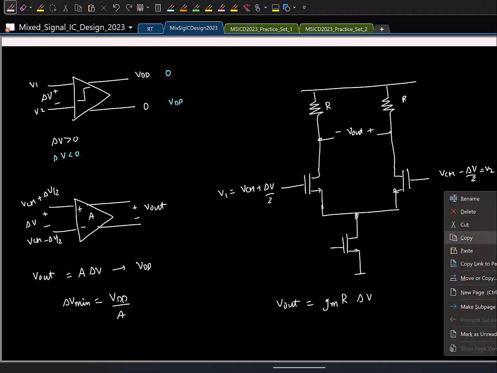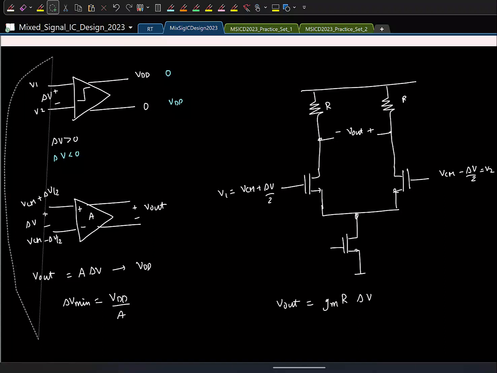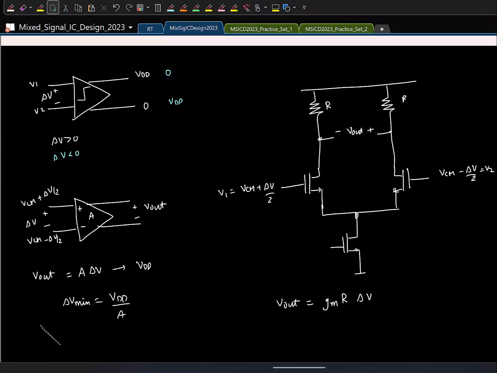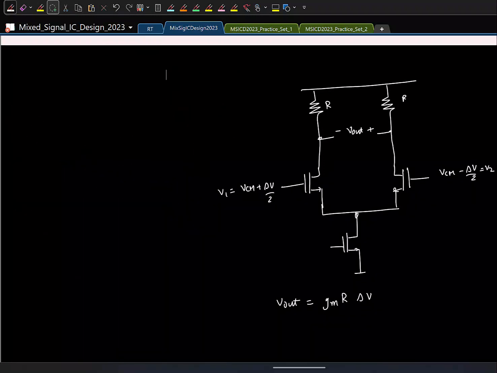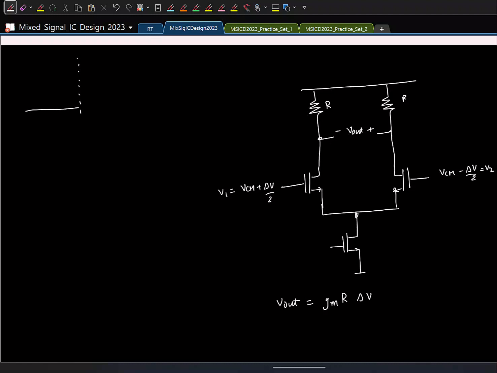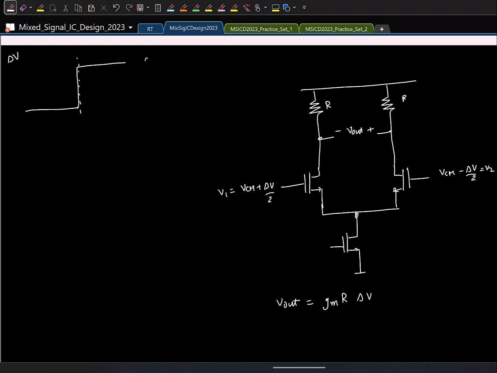Let me move on to the page. So let us say the output is initially 0, and at this point I apply the input. I expect that the output should go to this, right? Let's say the input is delta V. If I apply the input at this point, will the output instantaneously jump to this?